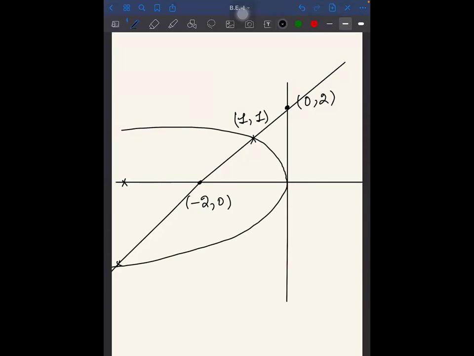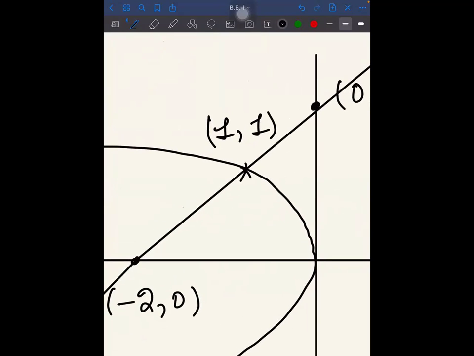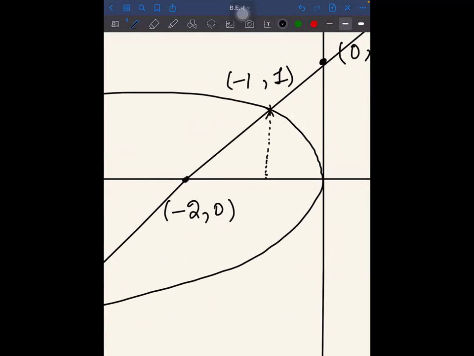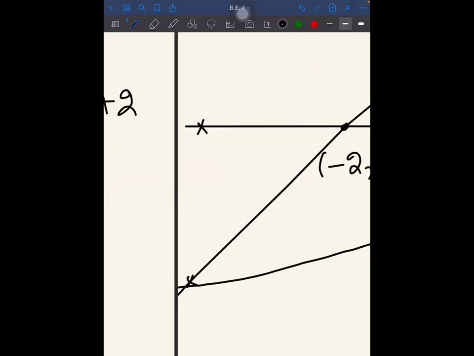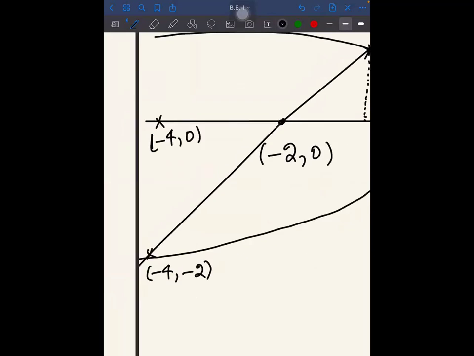Tell me, is it clear? So this is our point (-1, 1), and this is our point (-4, -2). Am I right?